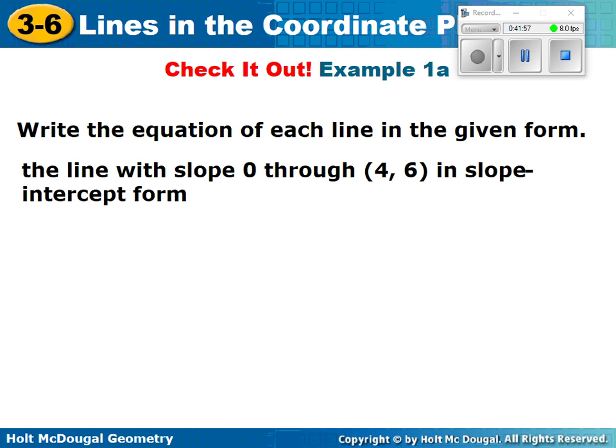Not this one, but the next example in your notes. So one more time, when you finish writing this equation, do the next example, graph that line on graph paper. And then we'll check on both in just a second.